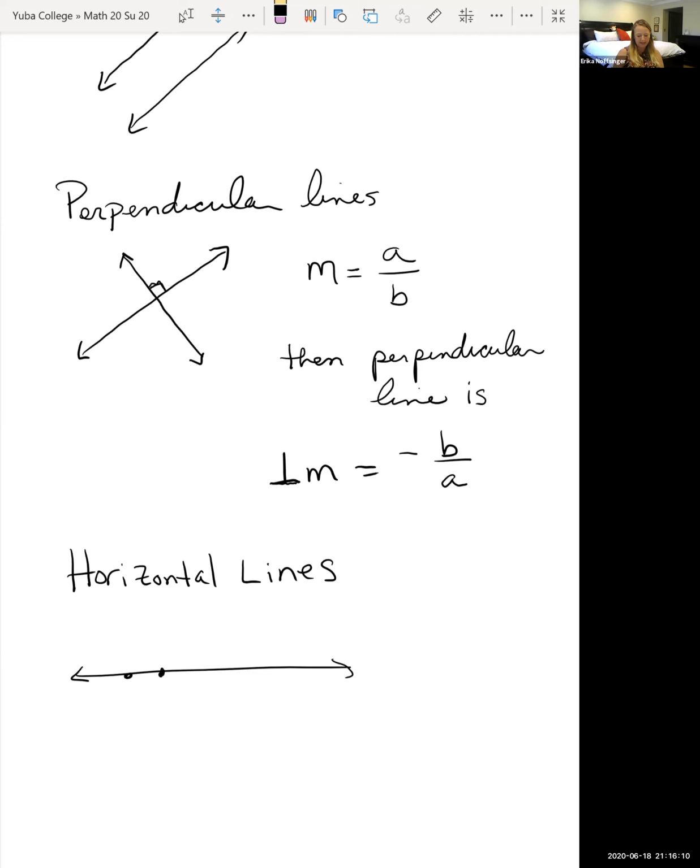So if I'm not rising to get to a point, I have 0 in my numerator. And I could be running any distance and get a point on here. So notice that 0 over a number is 0. And so horizontal lines have slopes of 0.